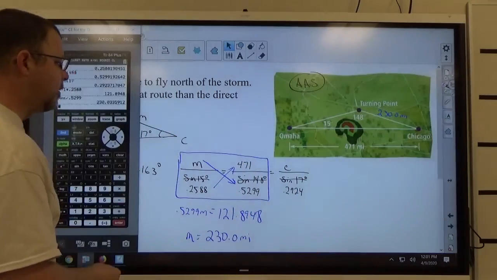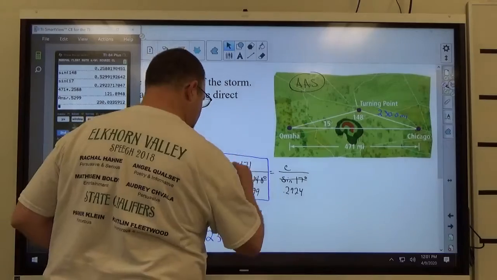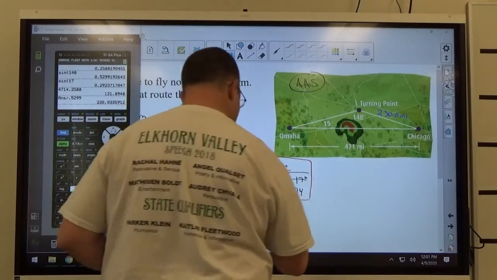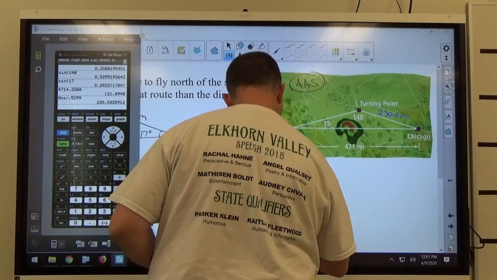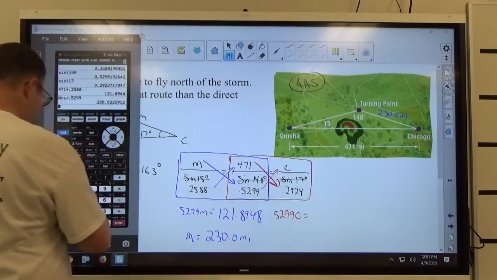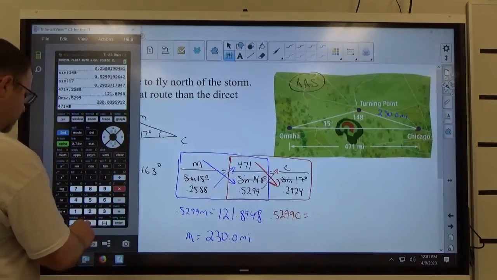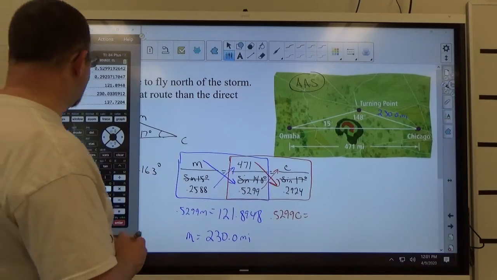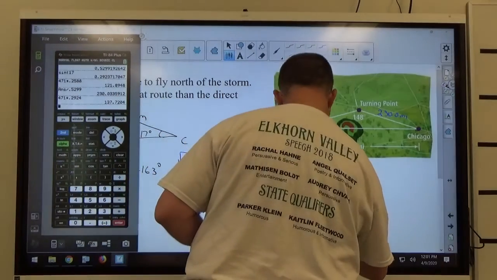Then we go back to our calculator and we want to evaluate for C. There's our proportion we're going to use. This product, 0.5299C, should equal that product, 471 times 0.2924, which is 137.7204.